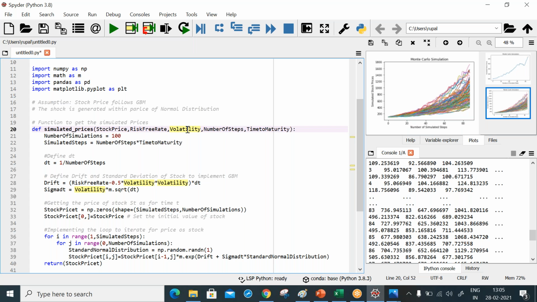That is again a separate session altogether: how you calculate implied volatility, and implied volatility versus option prices is like a chicken and egg situation, which one to take first, since both are so intermingled. A lot of theory goes into that, but if you take it, trust me, the prices are going to be very close to the market data available with you. Okay.